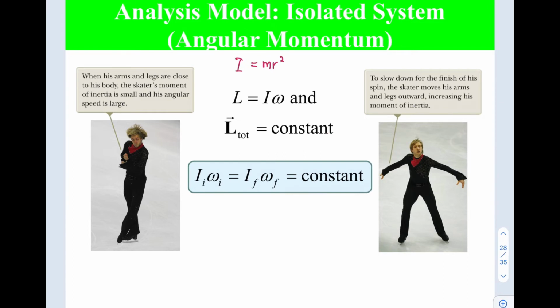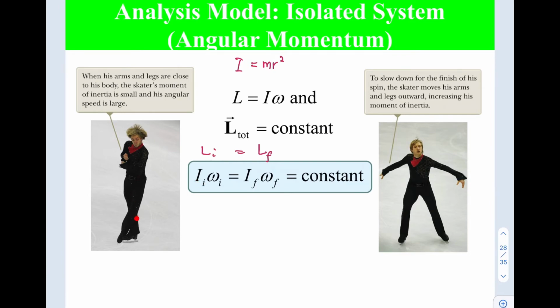Because L total for the skater here must be constant, L initial must be equivalent to L final. That is an isolated system, a conservation in angular momentum.